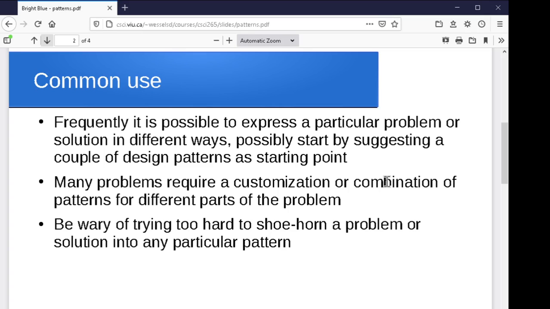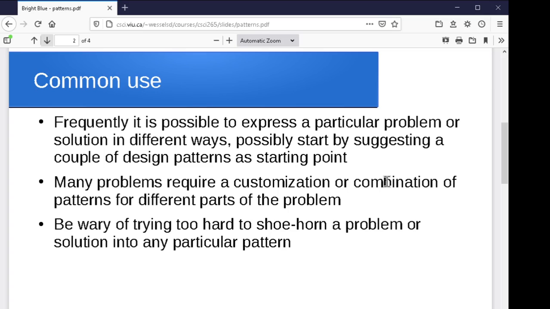Now, you're often going to find that because our systems are fairly complex, there are often ways to describe them from the point of view of different patterns, more than one possible pattern to describe a particular scenario, depending on our perspective. So you're going to look at the problem you've got, the different patterns it might fit, and how that might influence what your solution is going to look like.